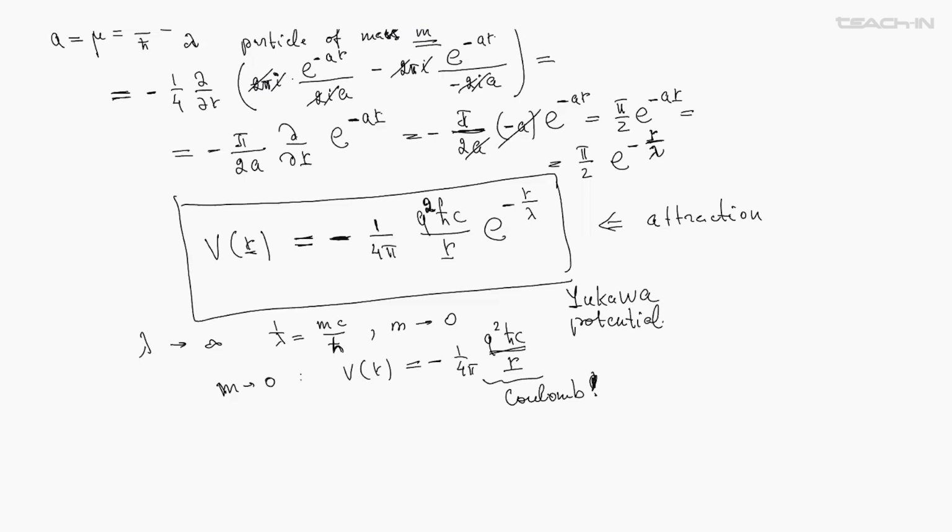And in the mid 1930s, Yukawa was trying to understand the origin of the strong force, which holds together protons and neutrons in the nuclei. You know that nuclei consist of protons and neutrons, and it was also known that the force acting between these protons and neutrons inside the nucleus is very short range.